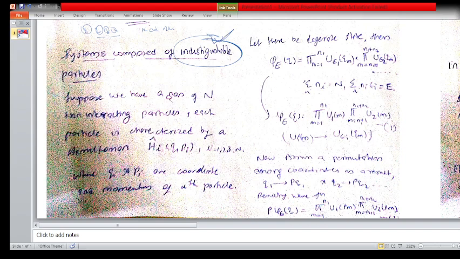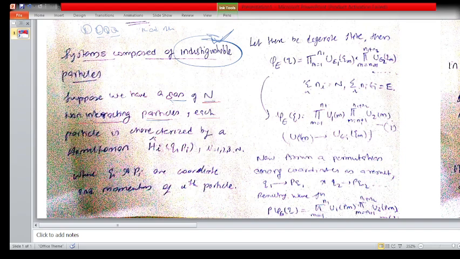So suppose we have a gas of N non-interacting particles. Previously we considered only single particle cases, but now we are considering N non-interacting particles.